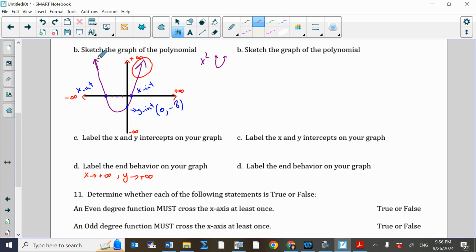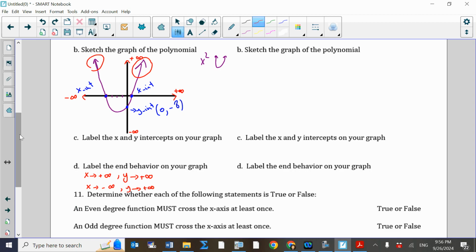On the other hand, here, this end behavior is between negative infinity and positive. The x goes to negative infinity, so I write x goes to negative infinity. Y goes where? To positive infinity. So that's the end behavior.